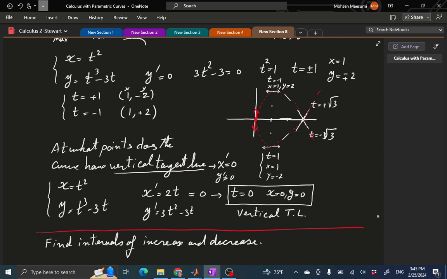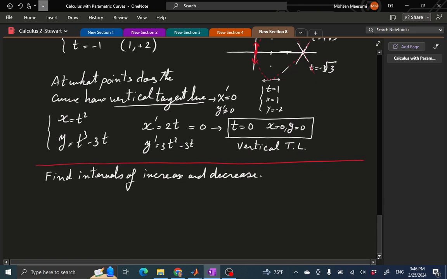Looking at x as a function of y, again, this is not a function, but if I restrict myself to this locality, obviously that is the minimum of x as a function of y, and so on. So a bit perhaps complicated, but getting into too much detail of it is also not appropriate for our class. So find intervals of increase and decrease.